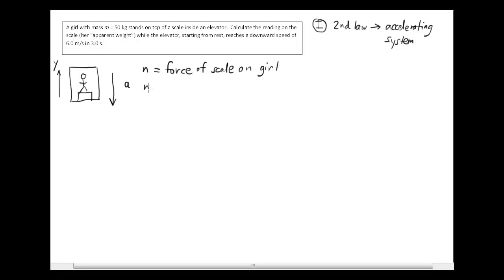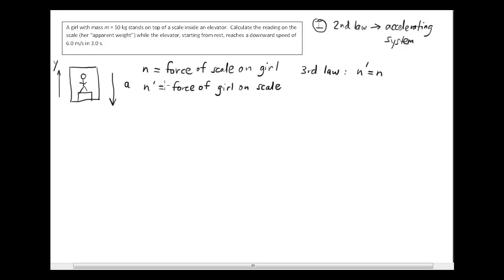N prime I will call the force of the girl pushing on the scale. Now by Newton's third law, we know that those two forces are equal and opposite to each other. So the magnitudes are the same, but they're in opposite directions.